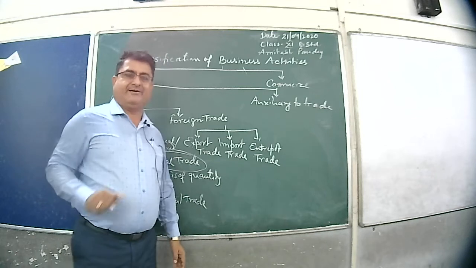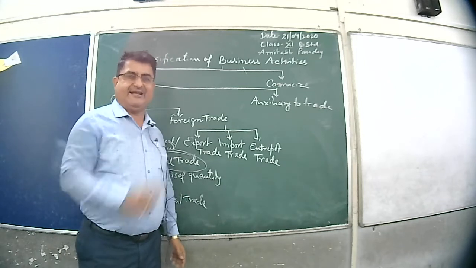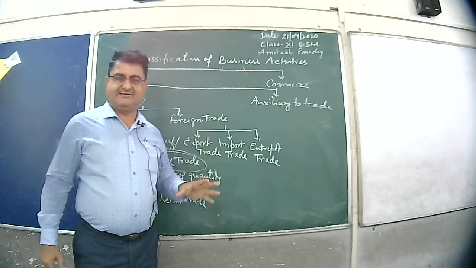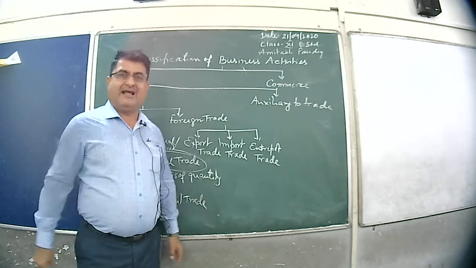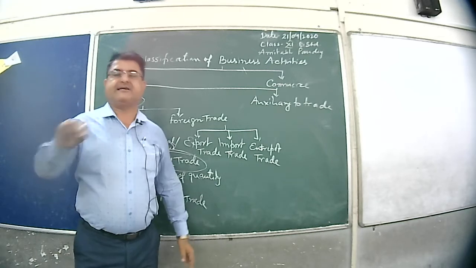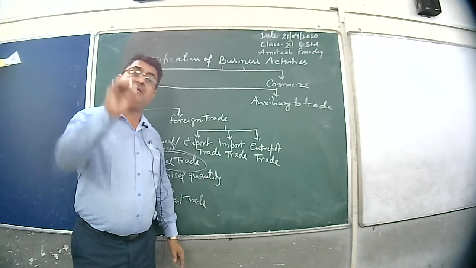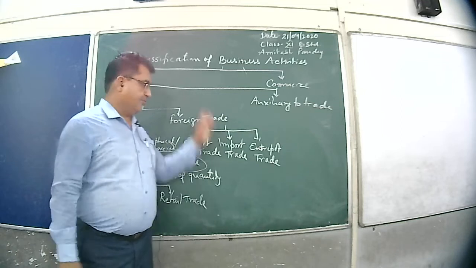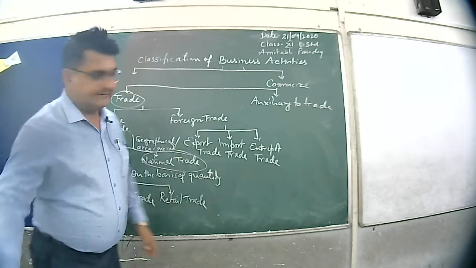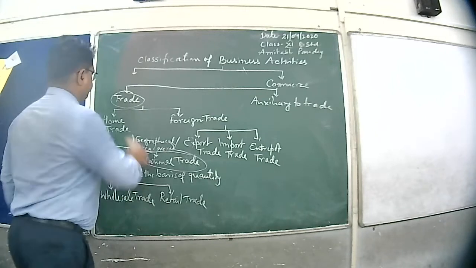Under retail trade, goods are purchased from wholesalers or producers in small lots and are sold to ultimate consumers in units or pieces. I hope you have understood about trade. Now come to the second aspect, that is auxiliary to trade.